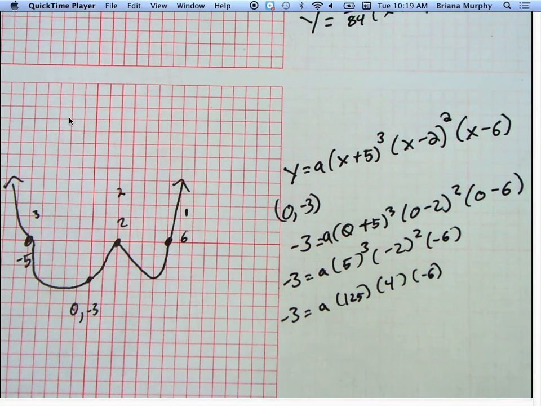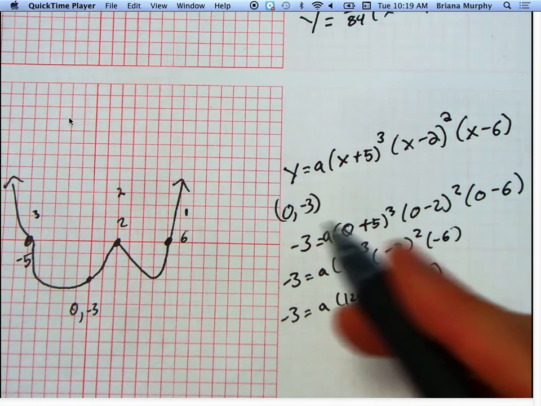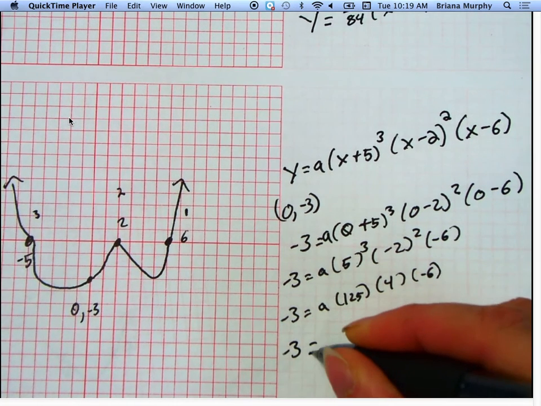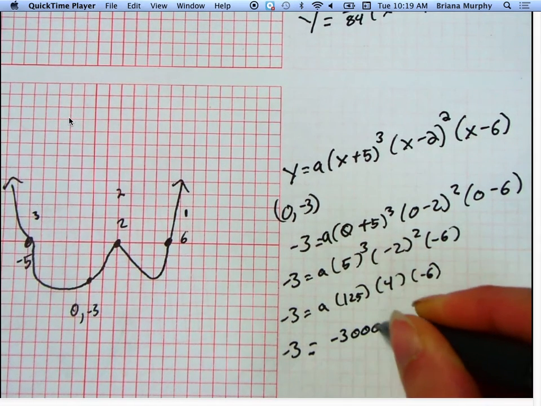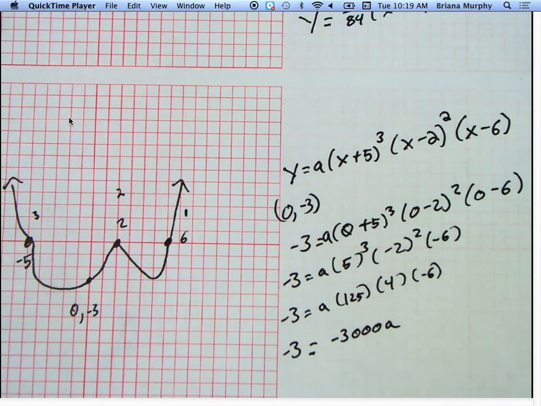We okay so far? Are we missing something? Are we feeling okay about this? Oh, I did the multiplication. Okay. So I get negative 3 equals negative 3,000a, correct? Just because it's a big number doesn't mean it's harder.